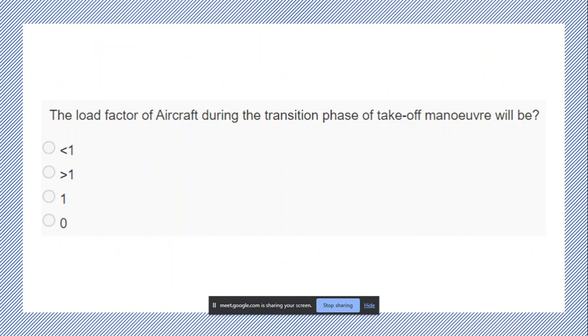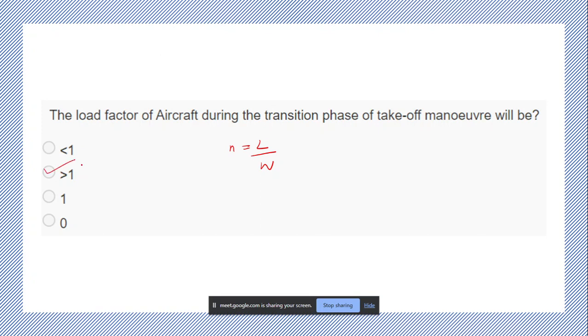The load factor of an aircraft during the transition phase of a takeoff maneuver will be. It has to take off. Okay, so the load factor is N equal to lift by W. What will the load factor be when it's transitioning into takeoff? Greater than 1, exactly.